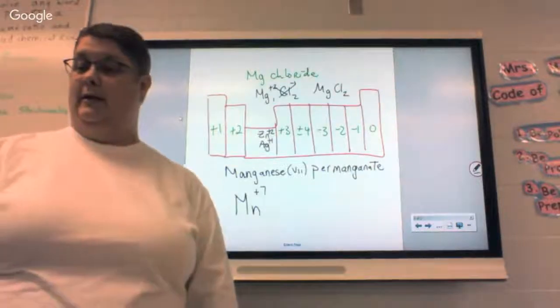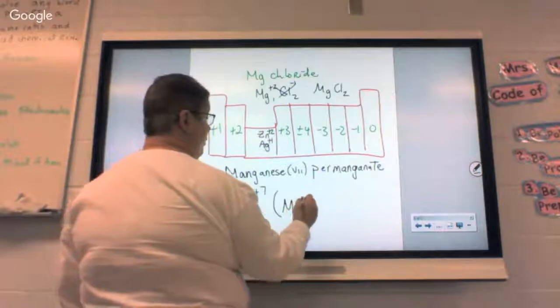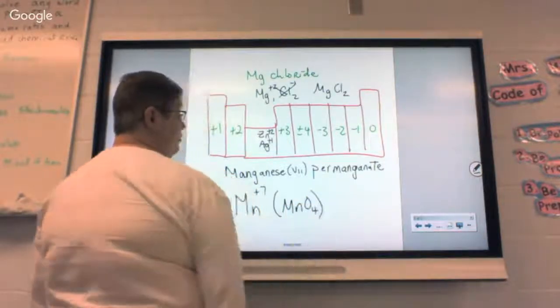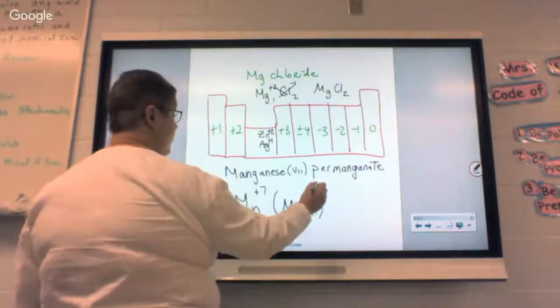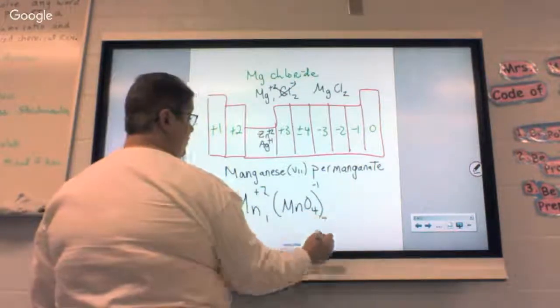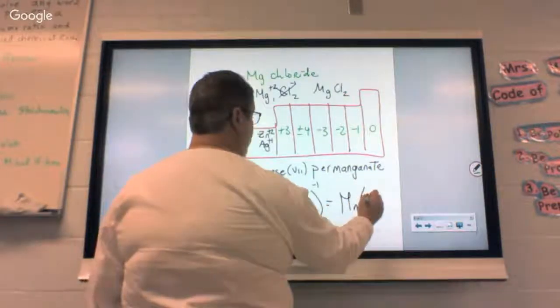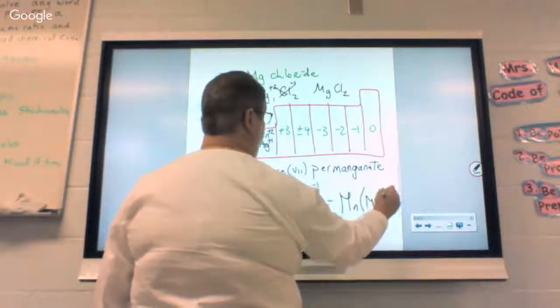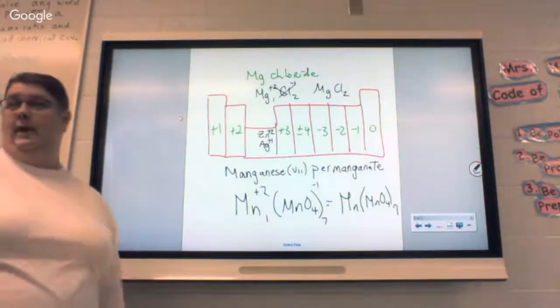What is permanganate? MnO4. Its oxidation number is -1. The 1 comes down, the 7 comes down, and you get Mn with a 1 and MnO4 with a 7. Like that.